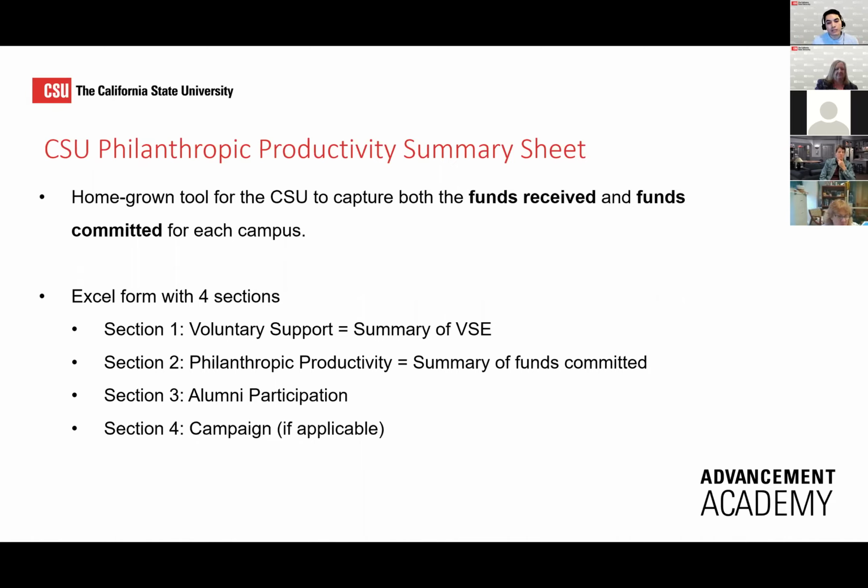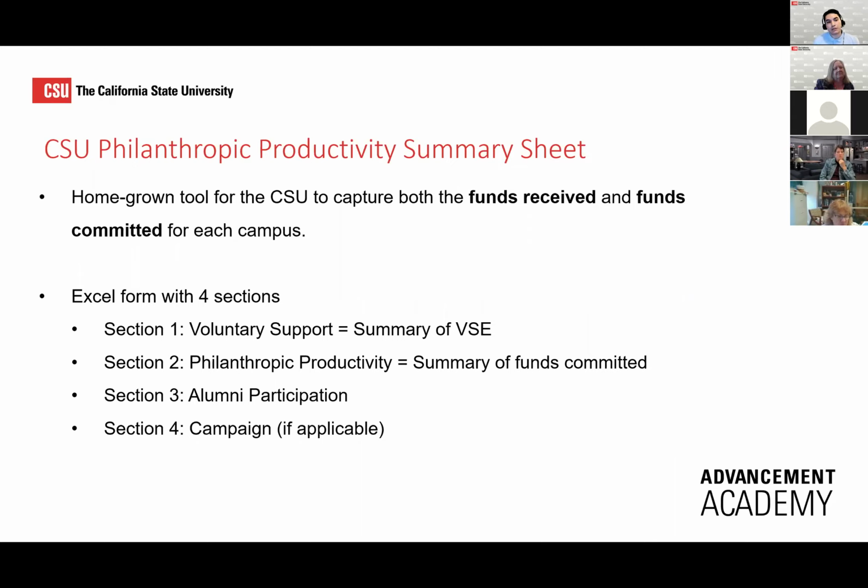The Excel form has 4 sections. Section 1 is really just kind of a high-level summary of your VSE totals that are broken up by the source and then again by purpose. In section 2, we ask you to take those VSE totals and break them up by pledge payments and new gifts.